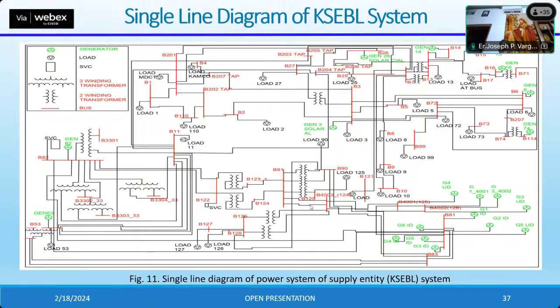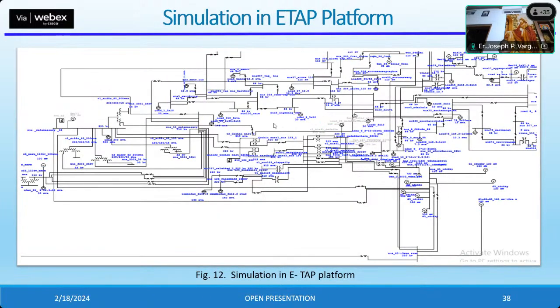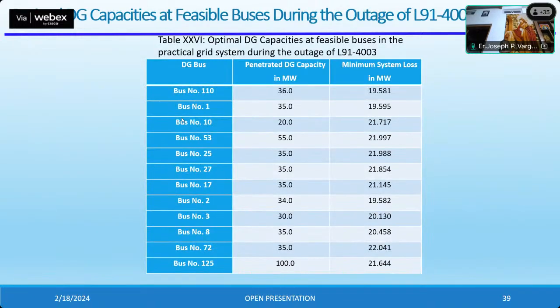In this case, the most severe outage has been created, this 400 kV line, 403 and 121, that we will see. This is the simulation result obtained on the ETAP platform, and these are the results for this study conducted in our practical system, that is bus number 110. Our study comprises 53 buses, 77 branches and 14 generators.